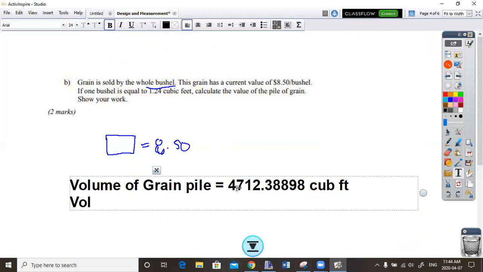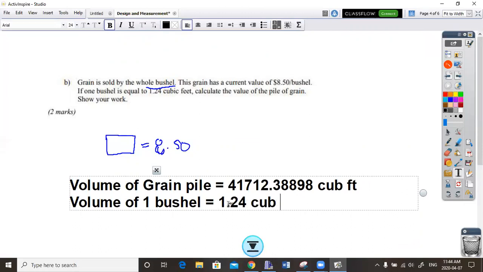The volume of 1 bushel is 1.24 cubic feet.